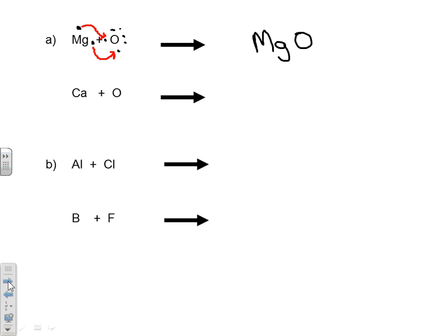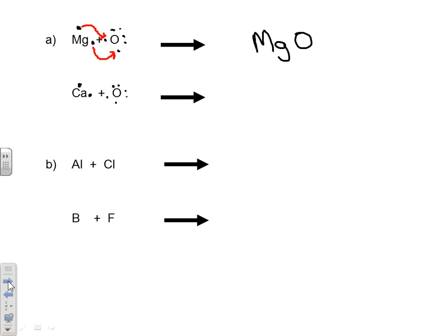All right? So if we look at calcium, you'll notice calcium is also in group 2, just down below, just like we saw in the reaction yesterday. Again, it has 2 dots. And oxygen still has its 6 dots. And you'll notice that with that nice pairing, we can also make them fit together very nicely.